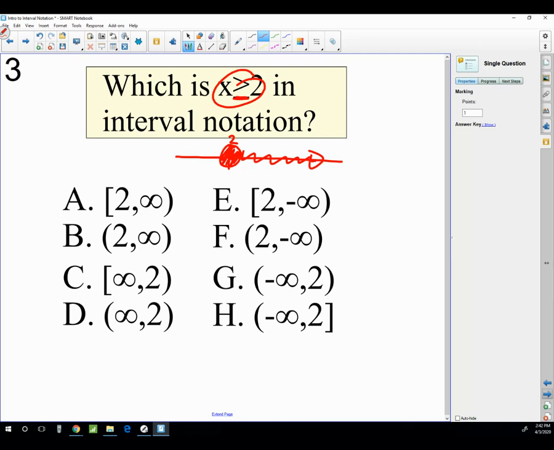So interval notation is just a number line without the number line. It's a suppressed notation of a number line. We begin at 2 with a bracket, and it ends at infinity. Keep in mind, you never bracket infinity. Anyway, the answer was A.